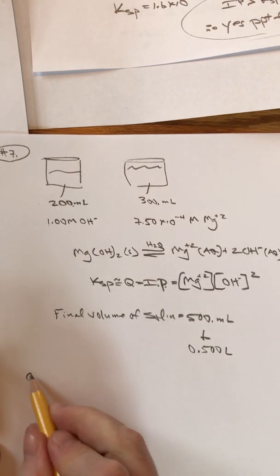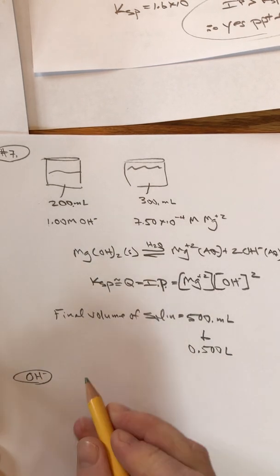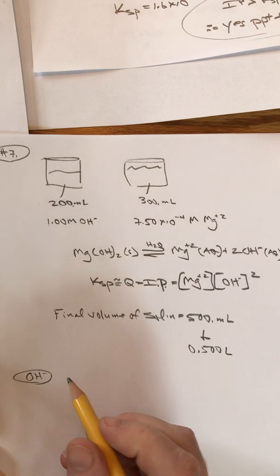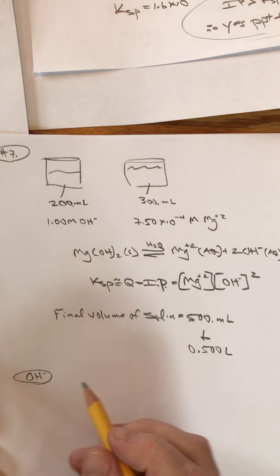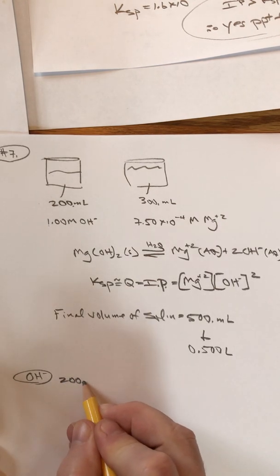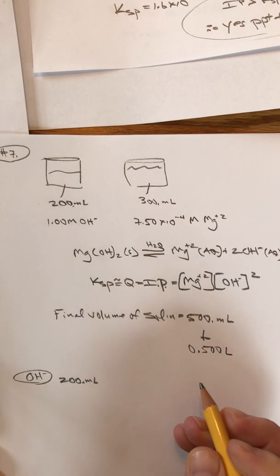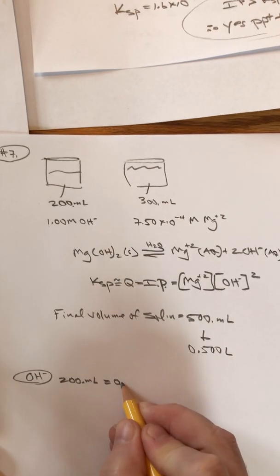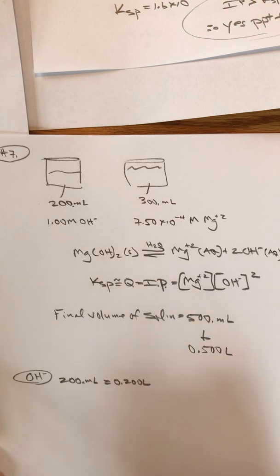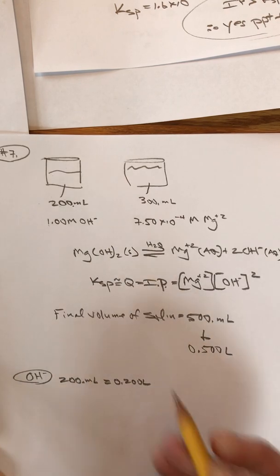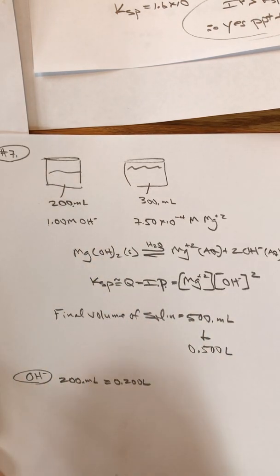So if I handle OH minus first, I had 200 milliliters, that's 0.200 liters. And it was 1.00 moles per liter.